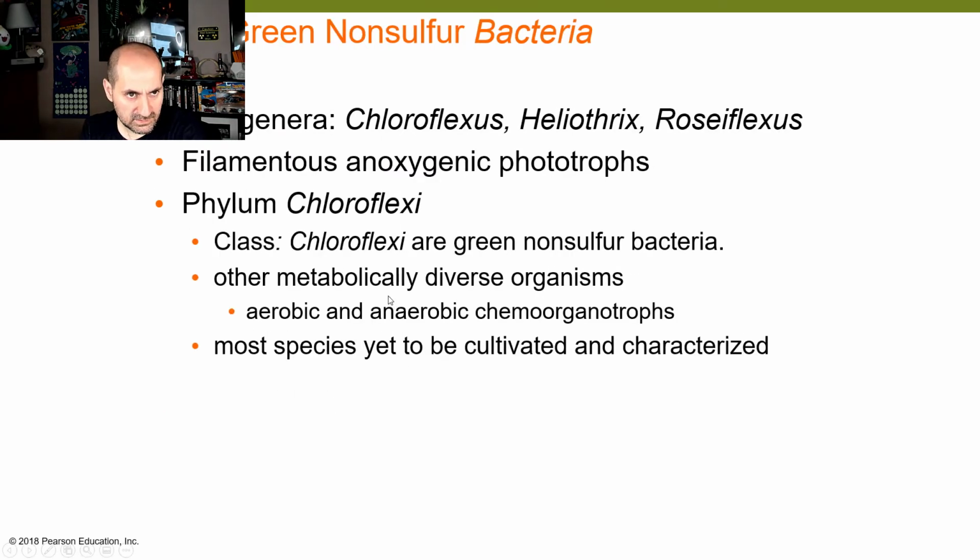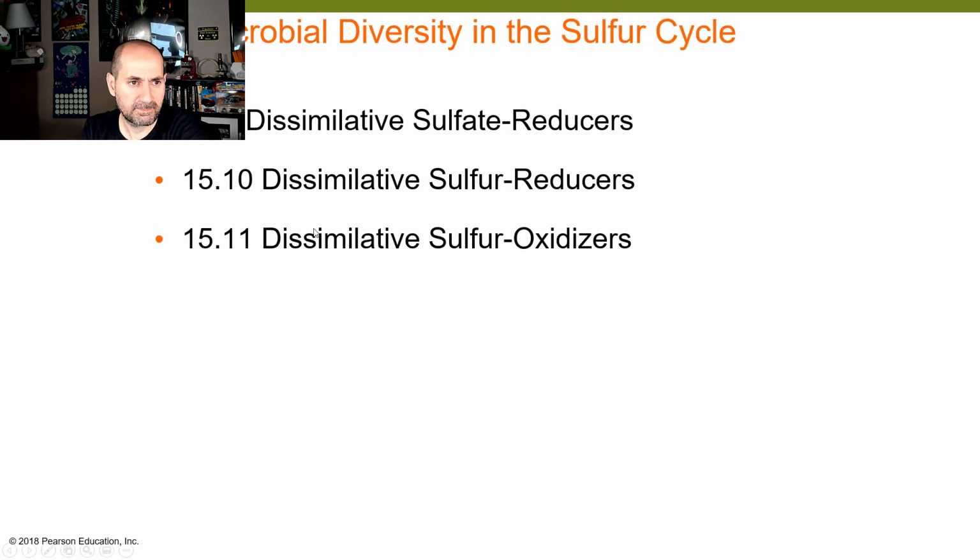What about the green non-sulfur bacteria? The example here was Chloroflexi. Other than that, there's really not much here that I need you to know. I just wanted to throw in an example of a green non-sulfur bacteria.